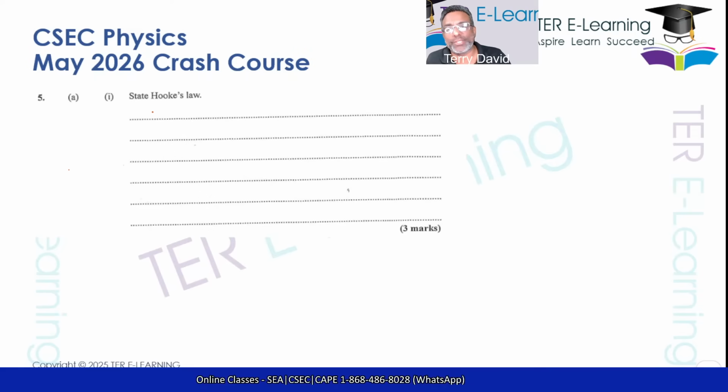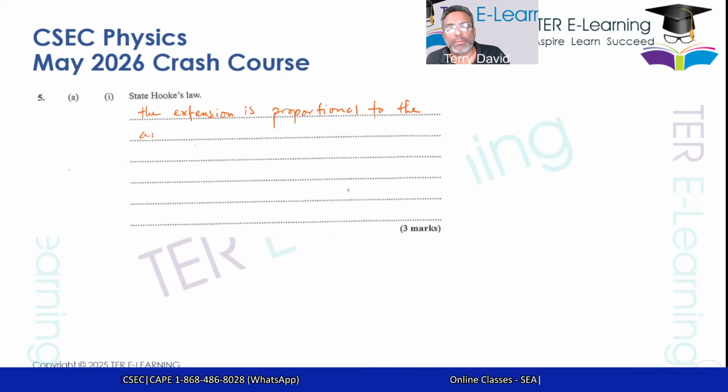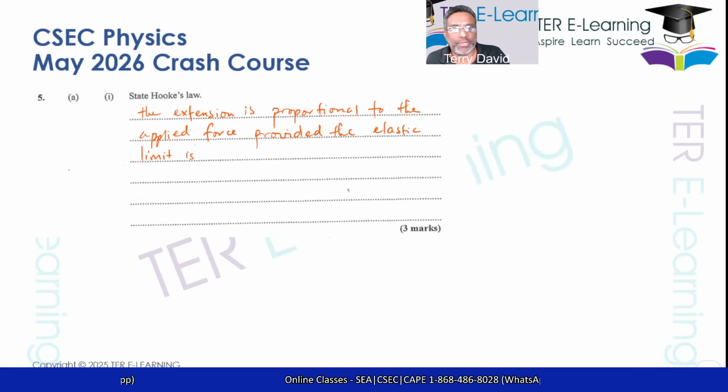Hooke's law basically says that the extension is proportional to the applied force, provided that the elastic limit is not exceeded.